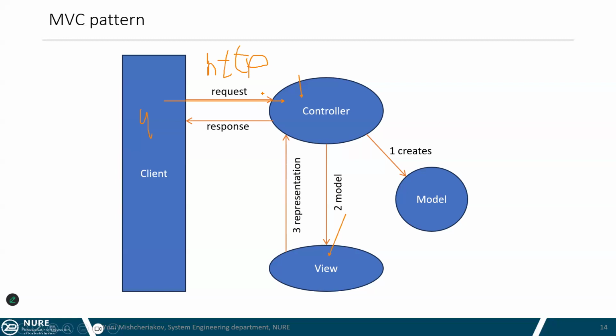So data must be represented as text and then returned. So we need some representation engine to represent our data as, for example, HTML format. Okay, so it makes it and returns a response.